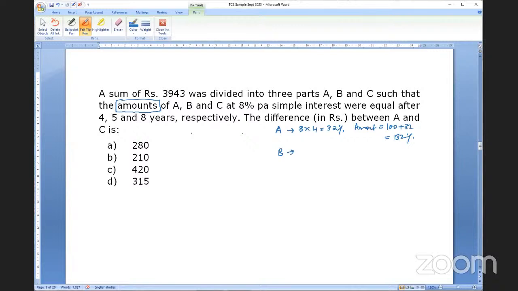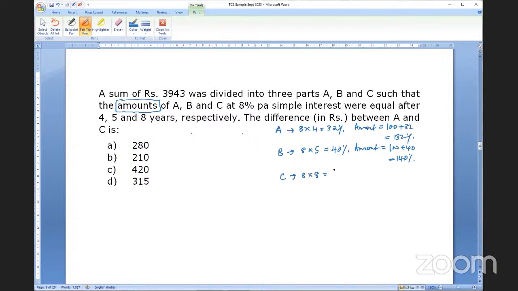For B, part B is being invested at 8% per annum simple interest for 5 years. There will be a gain of 40%. So amount for B will be 100 plus 40, that means 140%. Similarly, for C, or the part C, is invested at 8% per annum simple interest for 8 years.